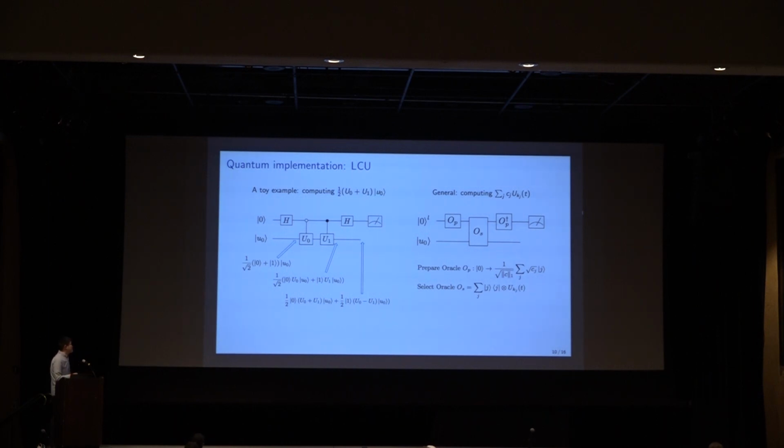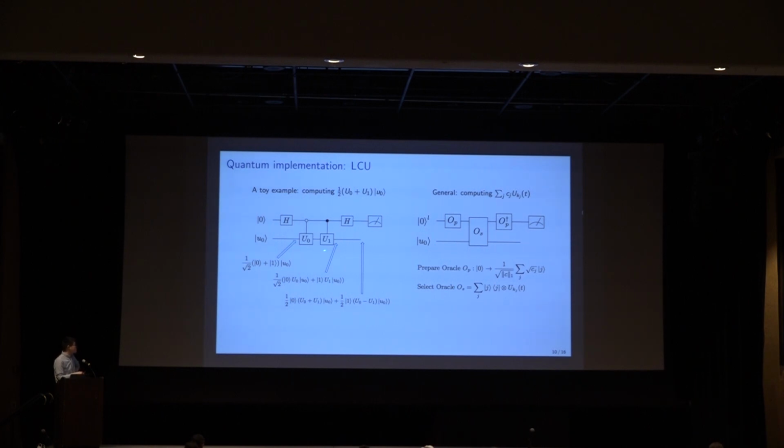The way of doing this is that we start with some input state, and we add an additional ancilla qubit, and we first apply the Hadamard gate to create a superposition of 0 and 1. After that we do the controlled version of my unitaries. That is, if my ancilla is 0, then I apply U0 on my system register, and if the ancilla is 1, then I apply U1.